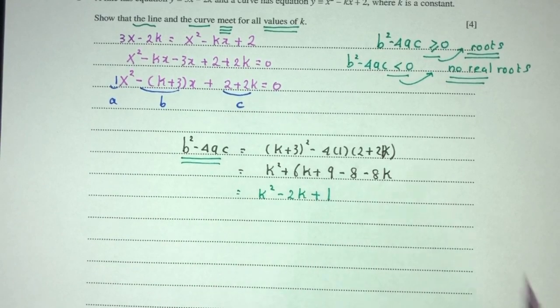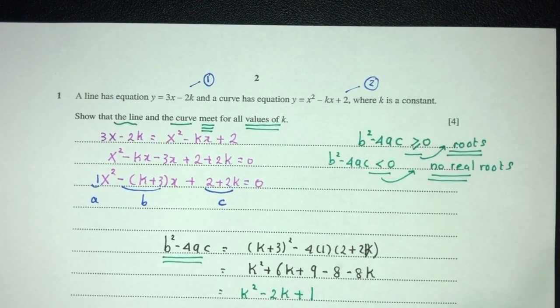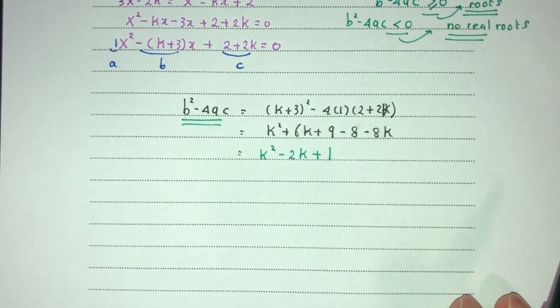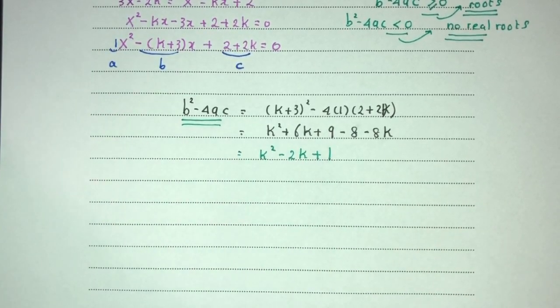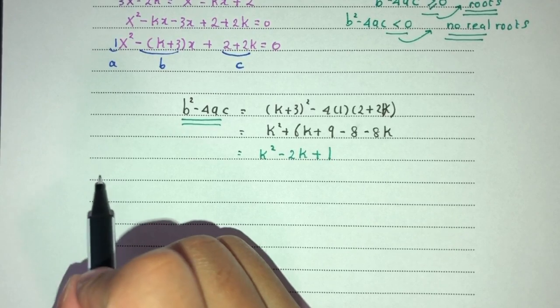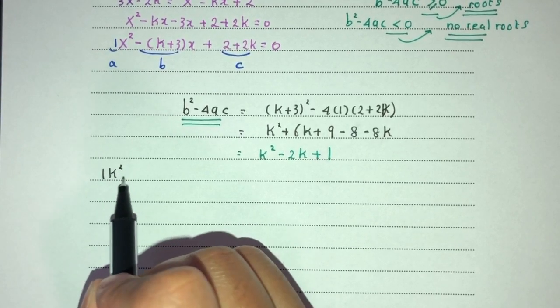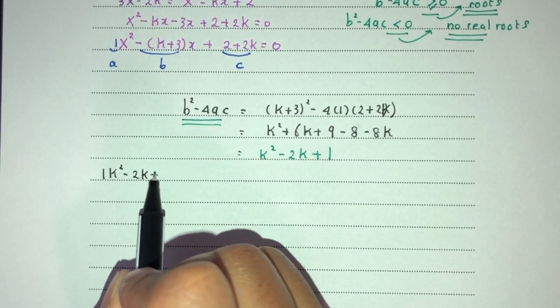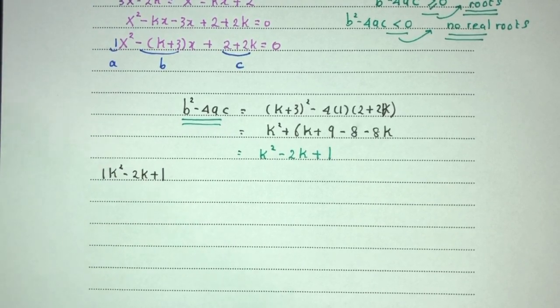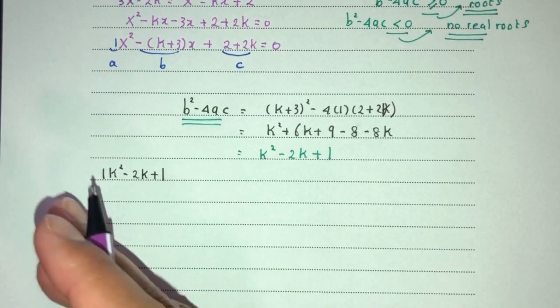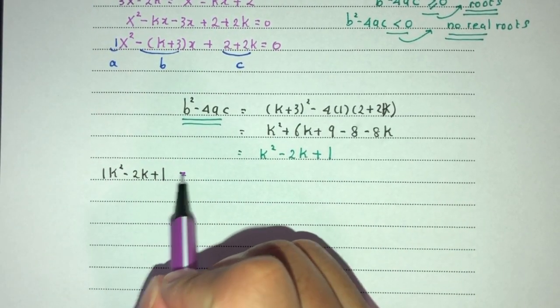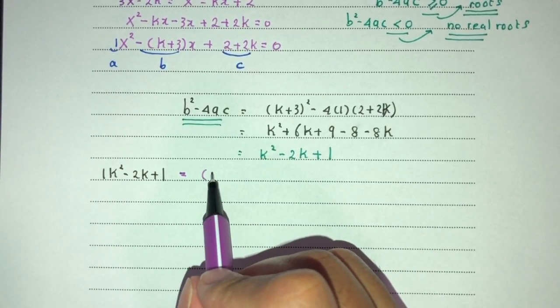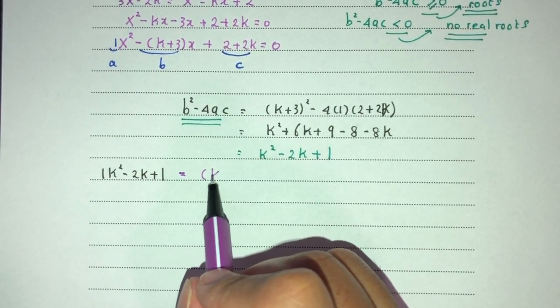Now, can you tell if this is going to be positive or negative? Well, it's not very obvious. So, whenever this happens, we tend to complete squares, right? So, here we have 1 k squared minus 2k plus 1. So, how do you complete squares? This is 1 over here, so we have k, not x, so k.